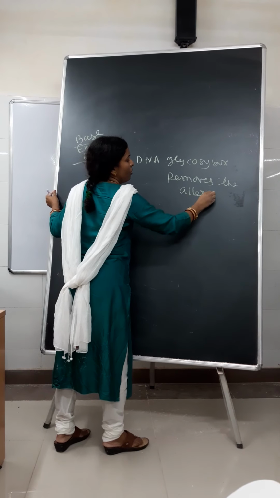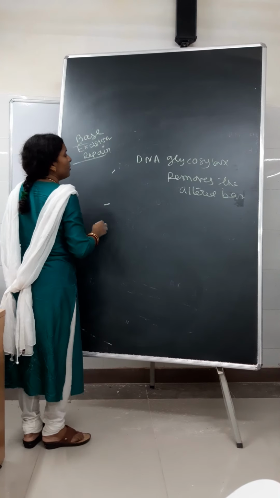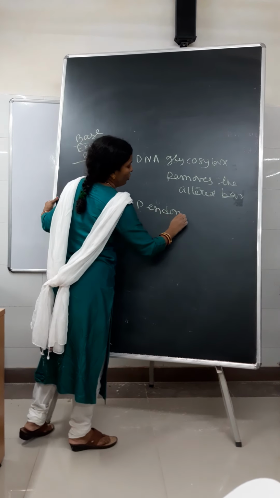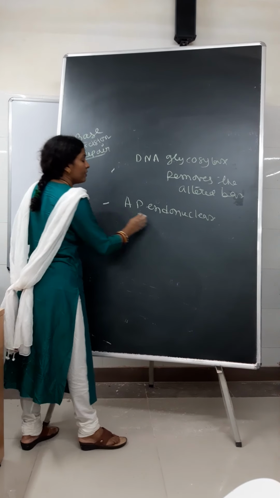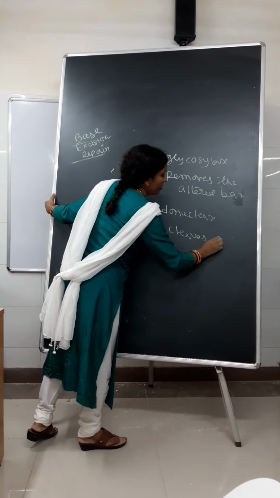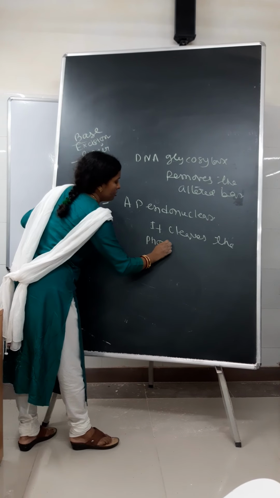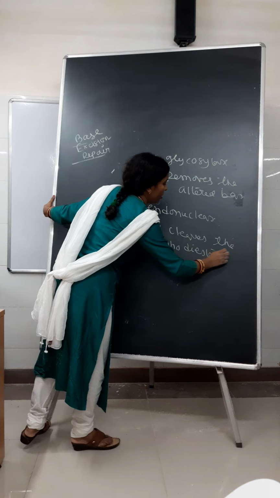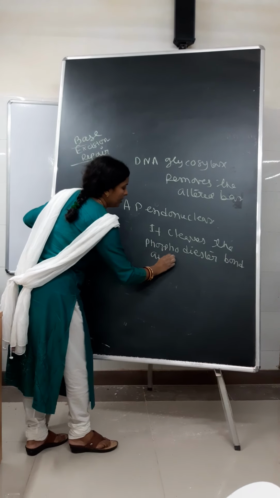Second enzyme is our AP endonuclease. What is the function of AP endonuclease? It cleaves the phosphodiester bond at the AP site.